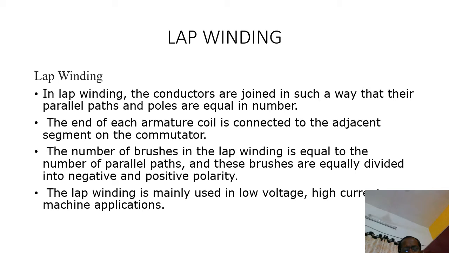The next point: the number of parallel paths is also equal to the number of brushes, and these brushes are equally divided into negative and positive polarity. Lap winding is mainly used for low voltage, high current machine applications.